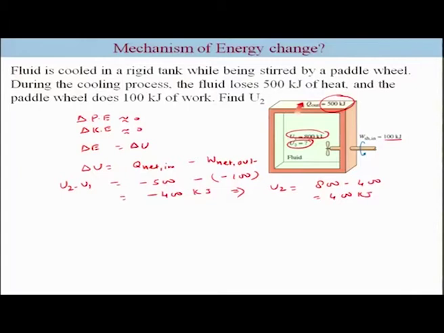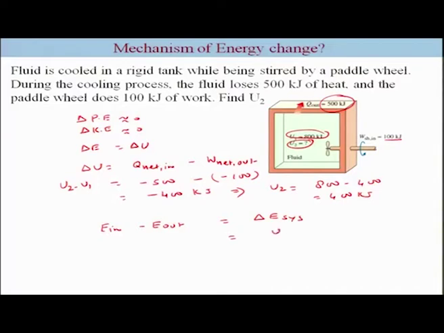We also said in another expression that we can write E in minus E out is delta E system. So this is net heat in, net work in, that will be delta E system.